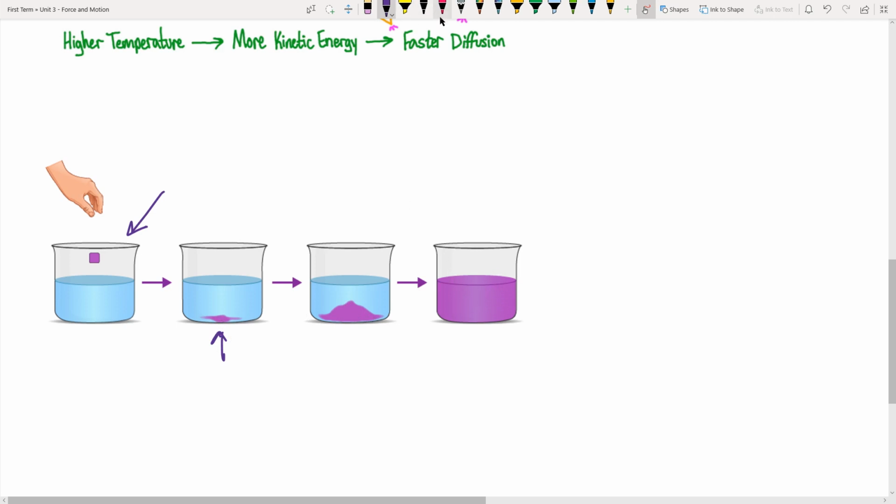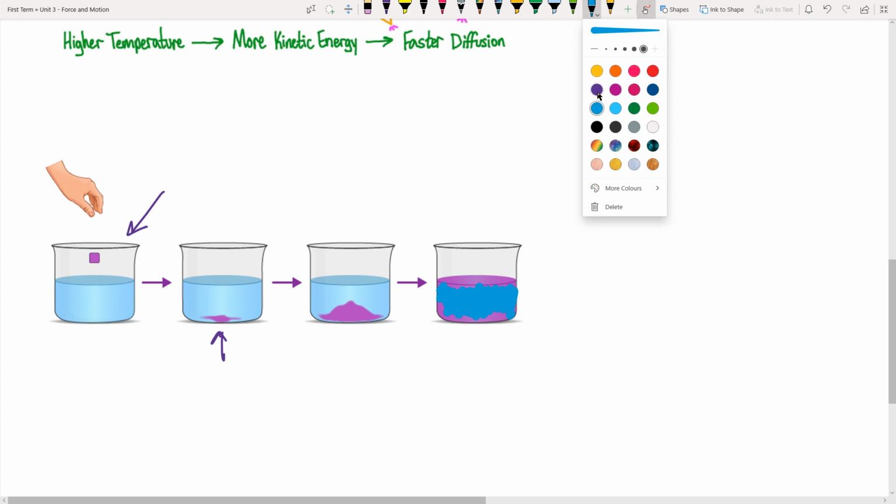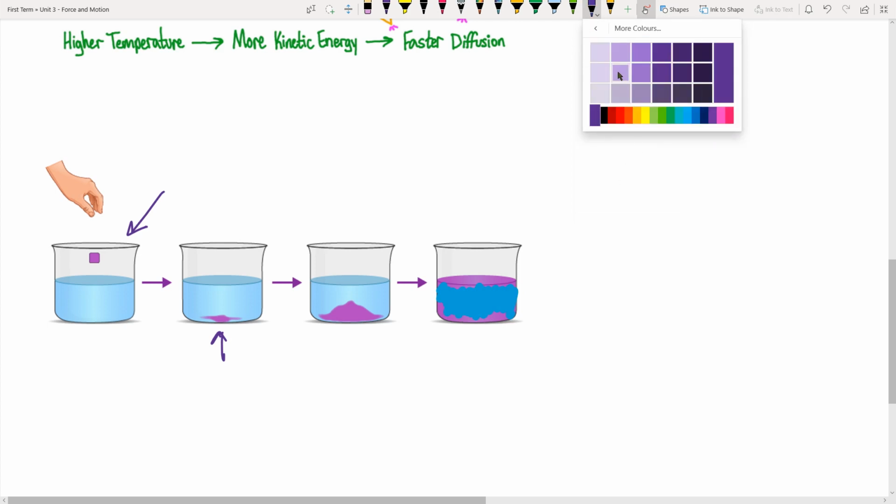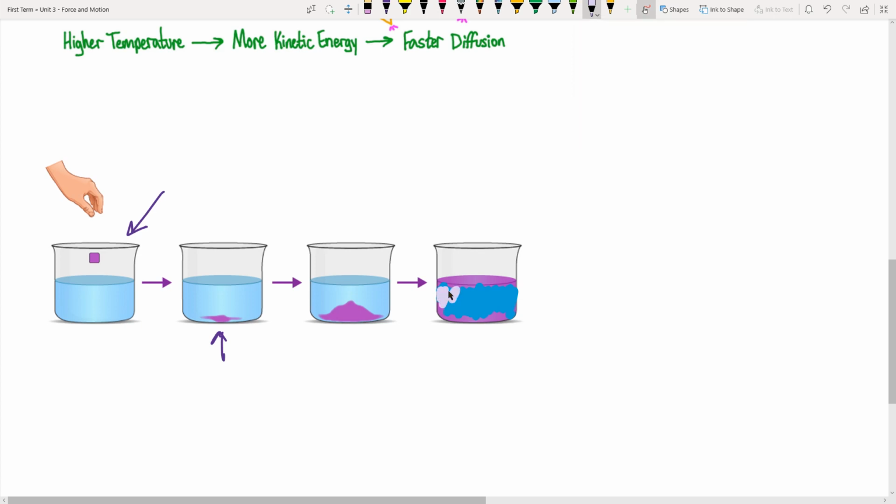Now what I have against this diagram is that this color should have been lighter, so I will lighten it out. Let me just get a lighter purple color. Okay, that's much better. So this is how it will be distributed after a while.